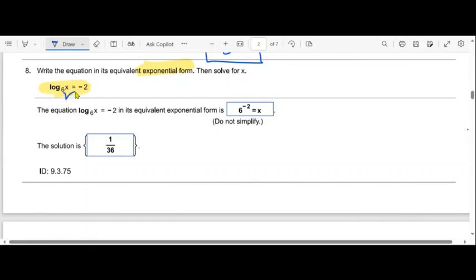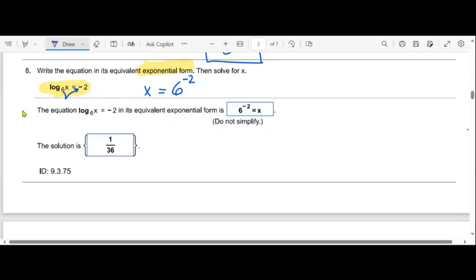You take the base and move the -2 to the power. So it's going to be 6, and the power moves to the top, equal to x.